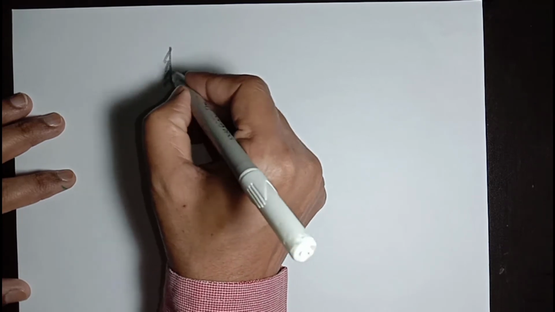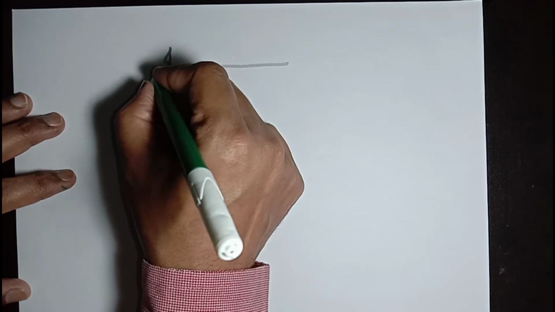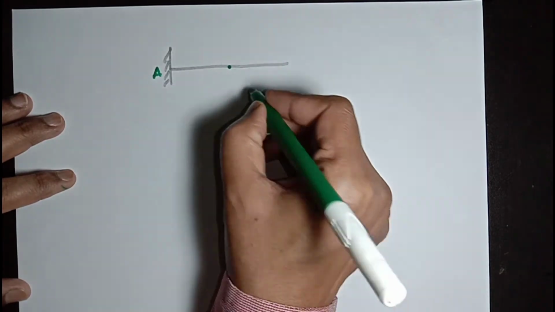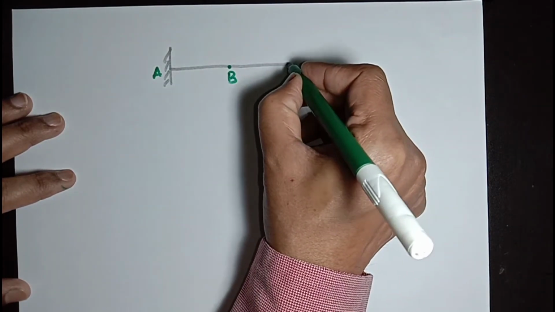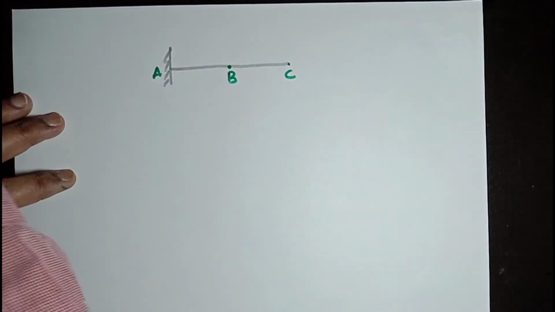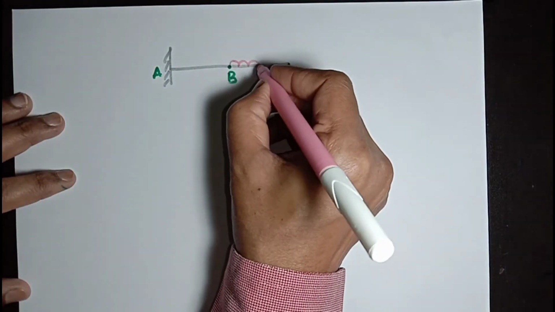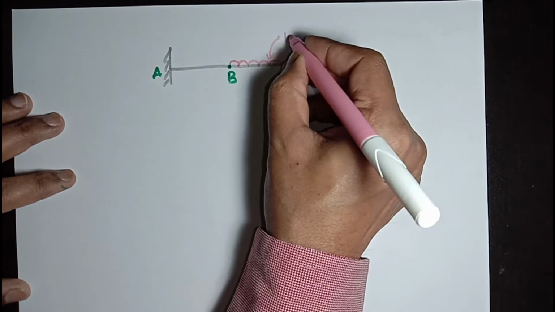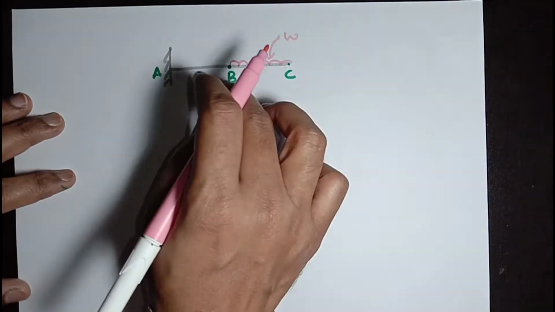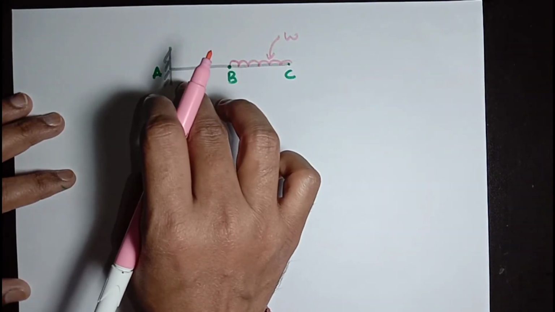This is the beam. This beam has a support end B, the center of this beam is B, and the free end is C, and it is subjected to a UDL of value W from C to B, and the rest of the beam, B to A, has no load.